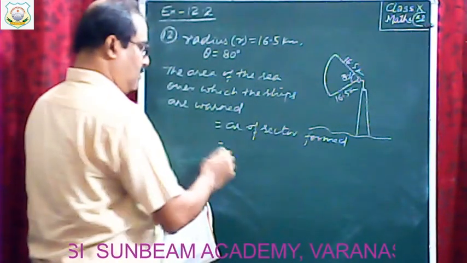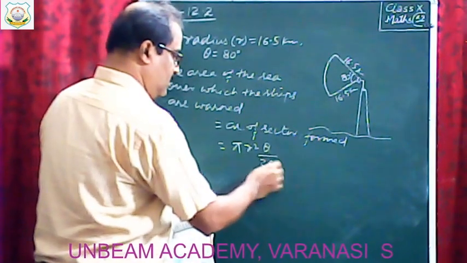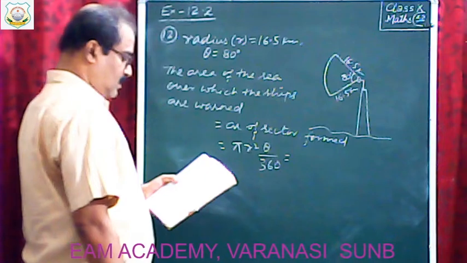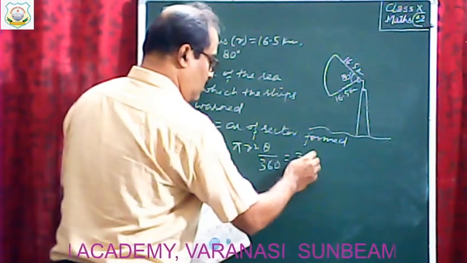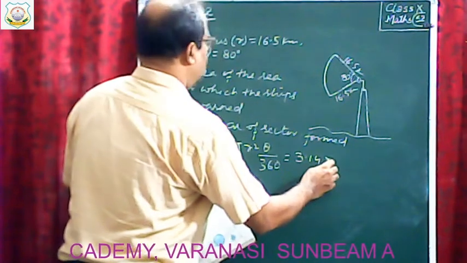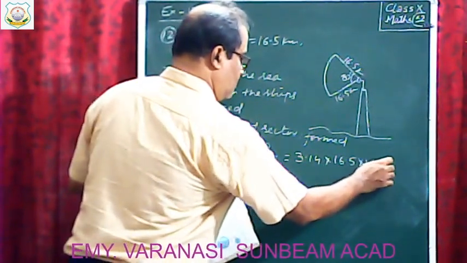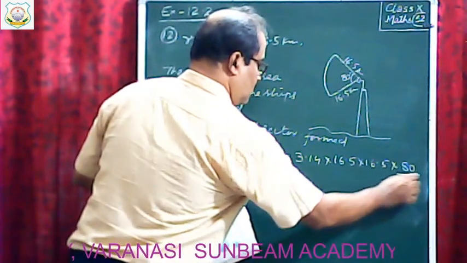Area of sector formed is pi r square theta upon 360 degree. Value of theta is given 80 degree. Pi is 3.14. Written radius 16.5 into 16.5 into 80 upon 360.